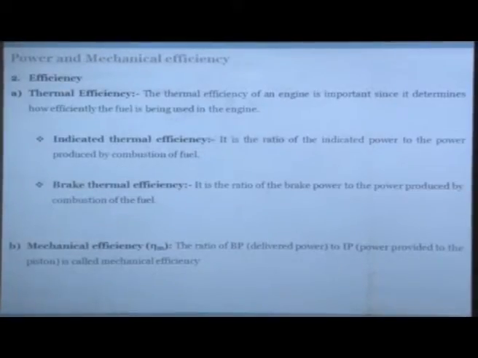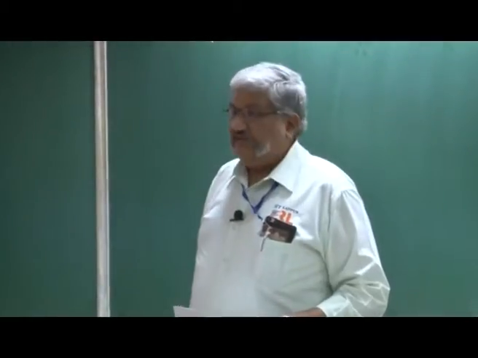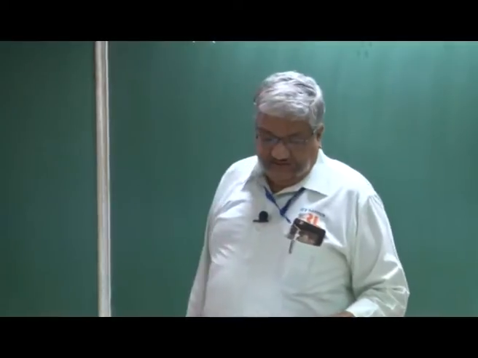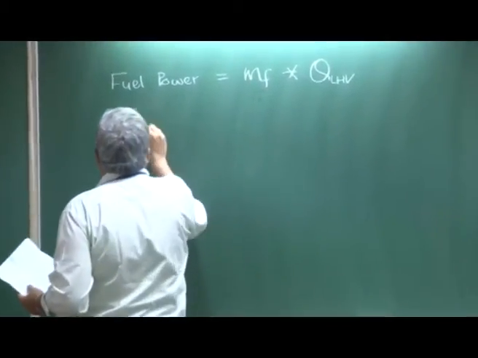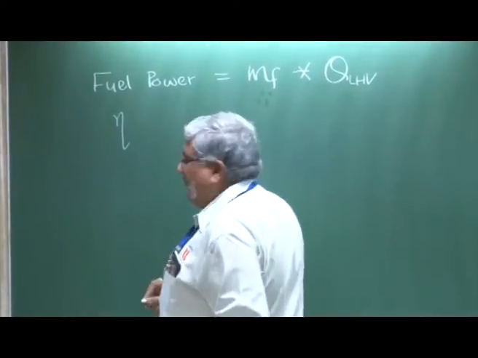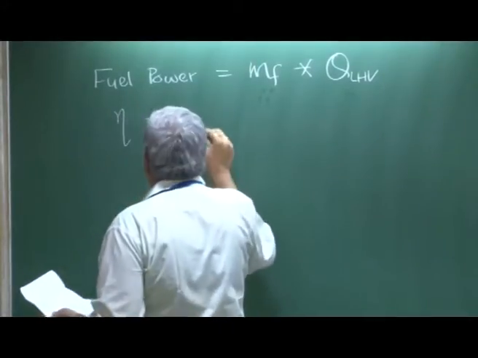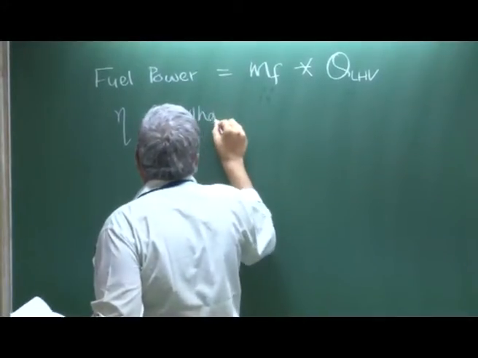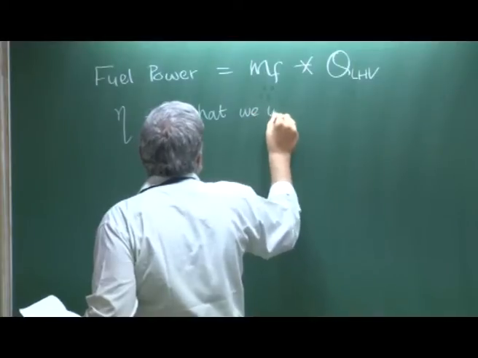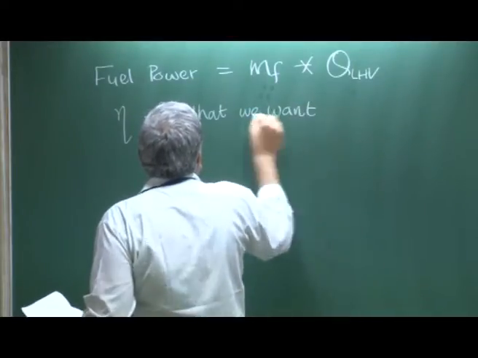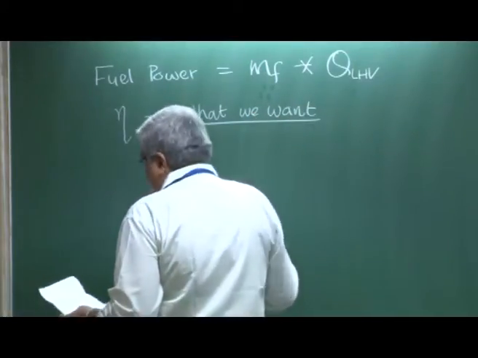Second, an extremely important parameter is efficiency. When we say efficiency, we are talking about thermal efficiency. The general expression of efficiency is represented by eta, and for any process, how do we define it? It is what we want divided by what we pay for.